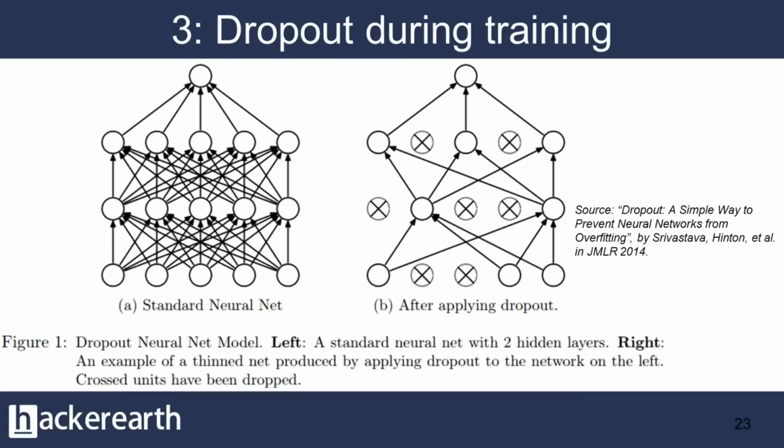So in some sense you're training an ensemble of networks. Whenever people use a number of classifiers, they get better results, and dropout amounts to training an ensemble of neural networks.